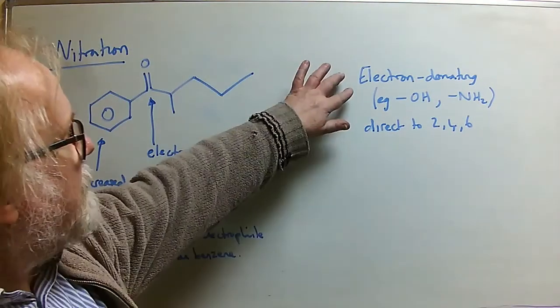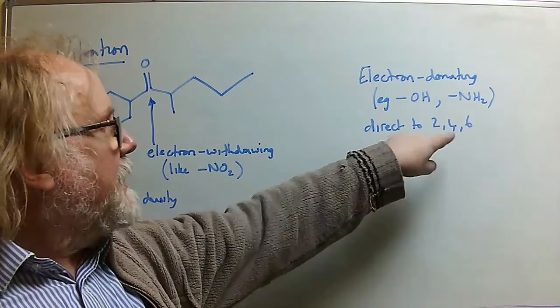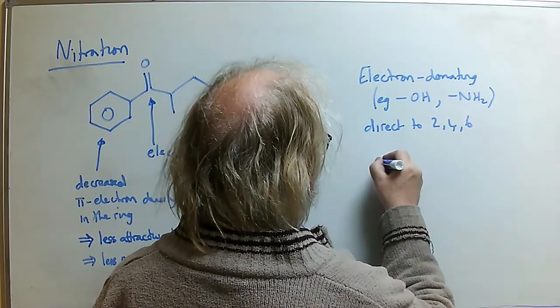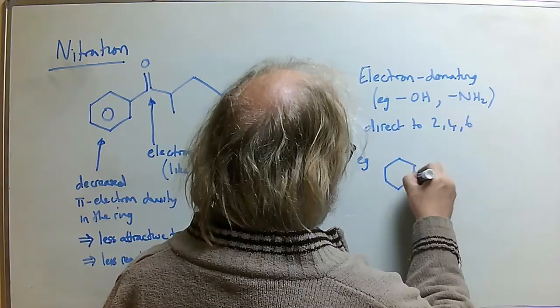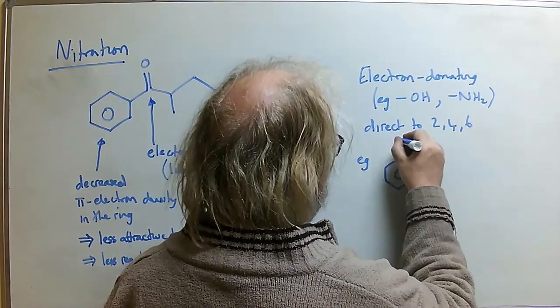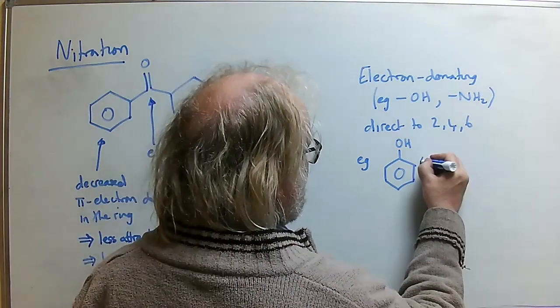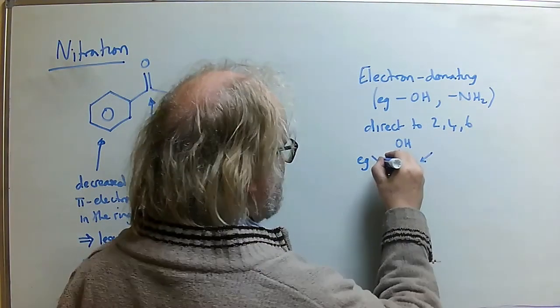Because these things have activated the ring, made it more reactive with its increased electron density, it tends to react multiple times. So, for example, if you have phenol with its electron donating group, it activates the ring at the 2 and 4 and 6 positions specifically.